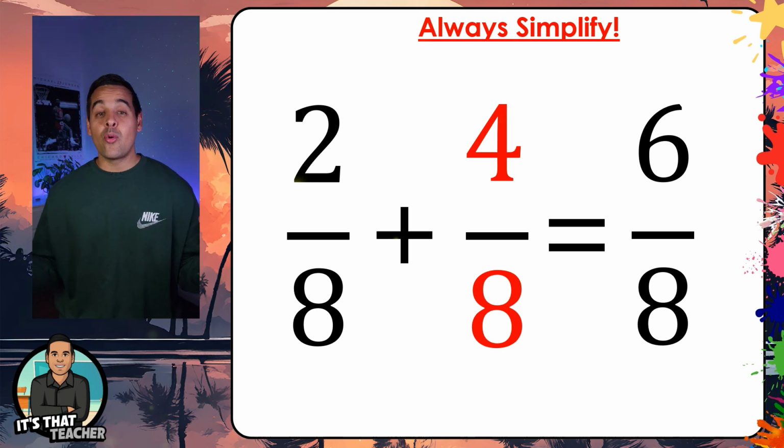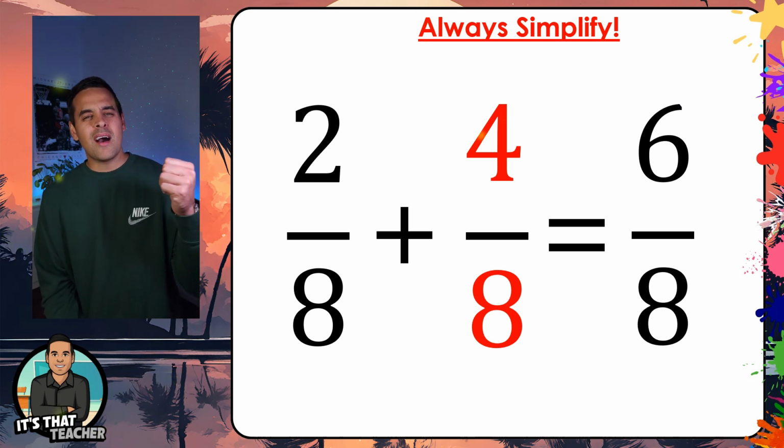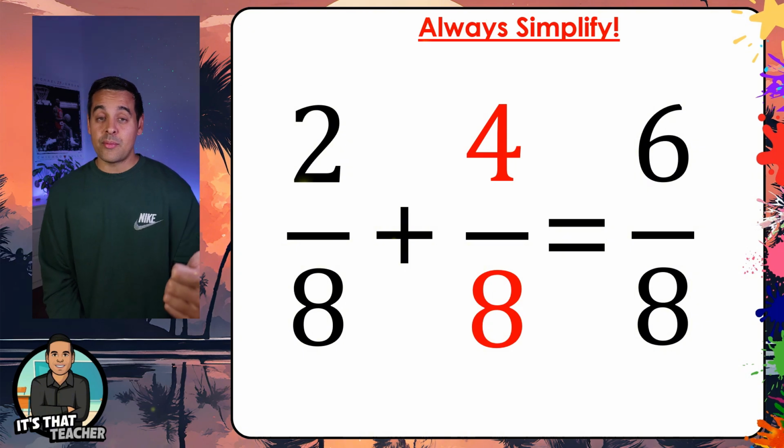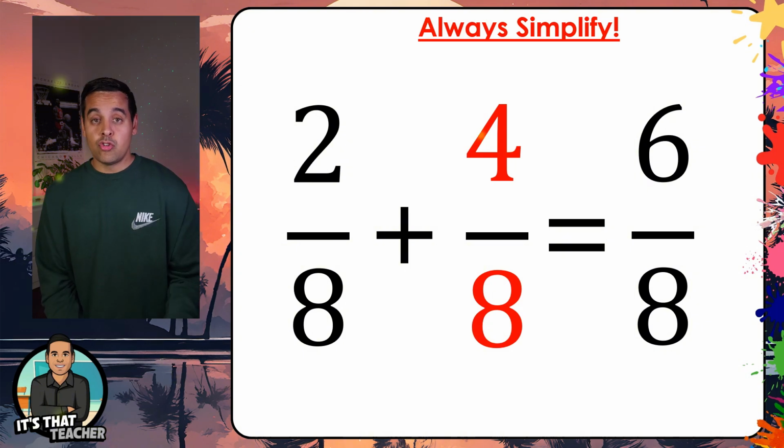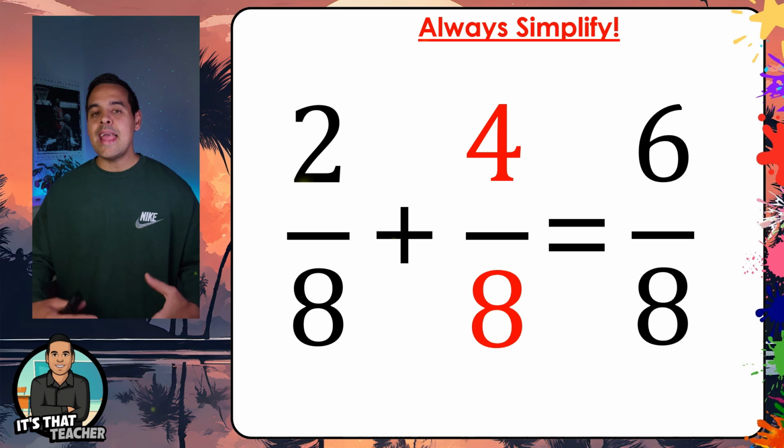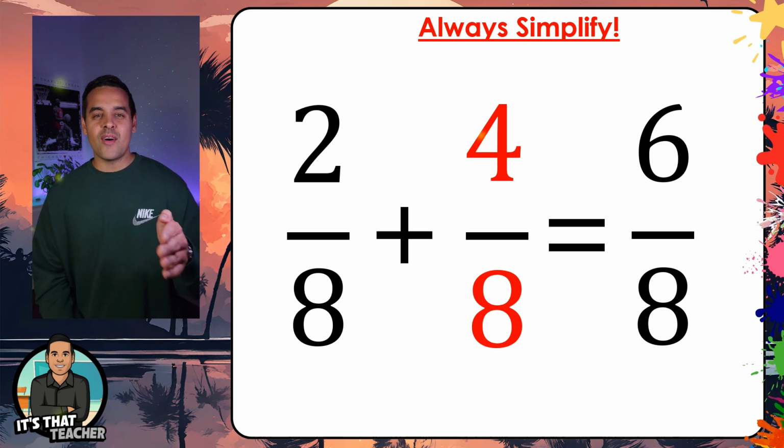So the way we do that is, we need to find a number that can be divided into both our numerator and denominator. So let's try 3. We can divide 6 by 3, which would be 2, but we cannot divide 8 by 3. So we need to find what is the highest number that can be divided into both numbers.